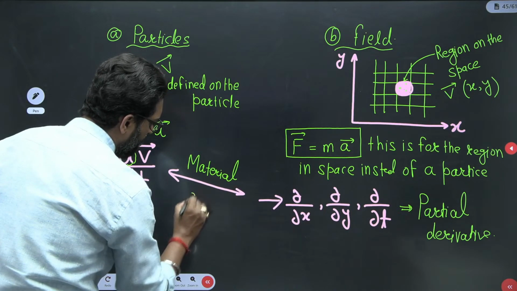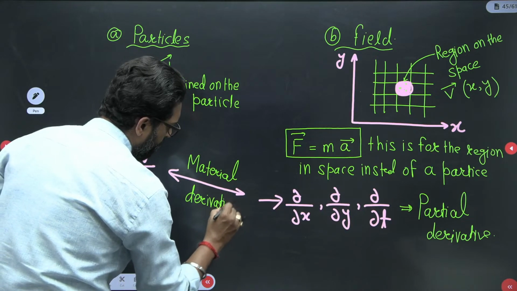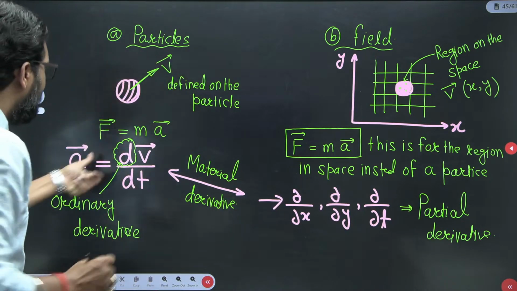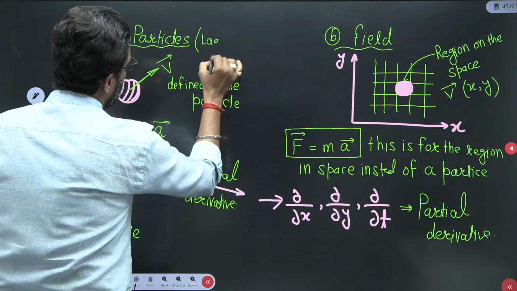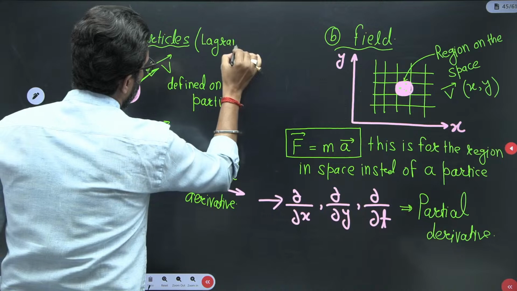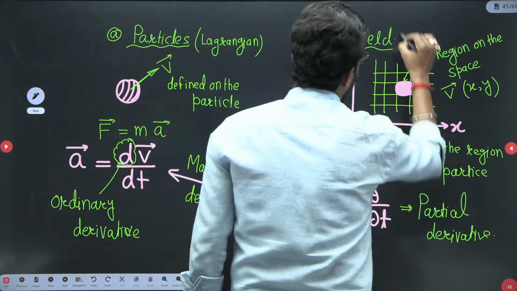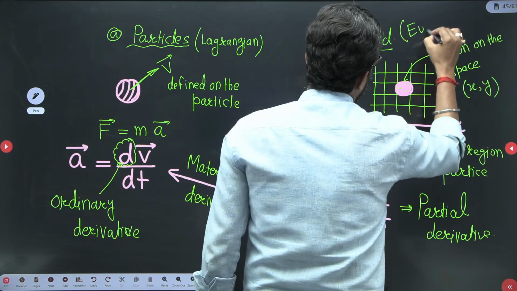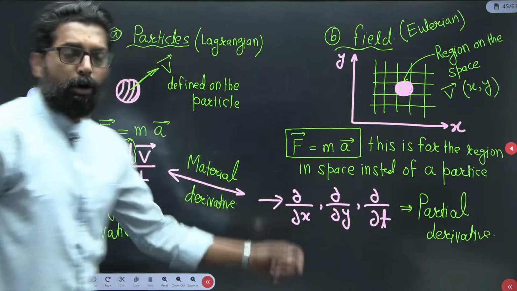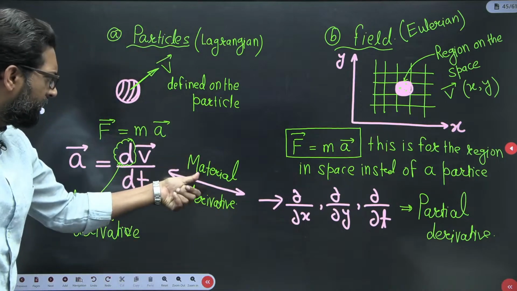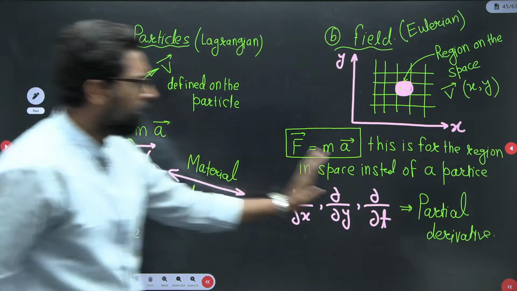This is precisely the case of the particle, which is the Lagrangian approach, and this is your Eulerian. So the material derivative is a mathematical tool which will connect the particle to the field approach.